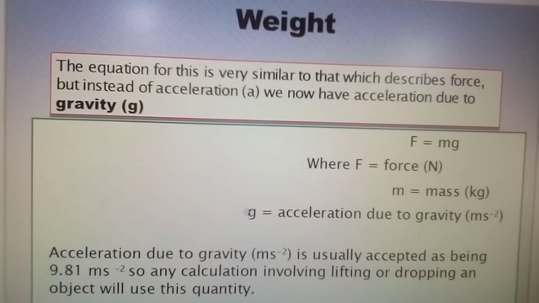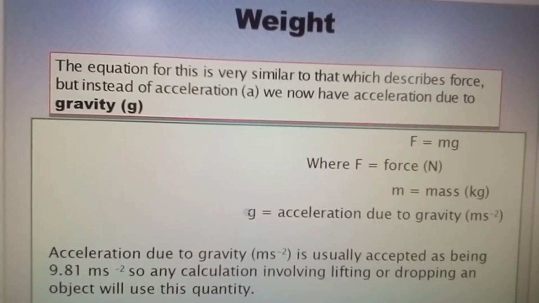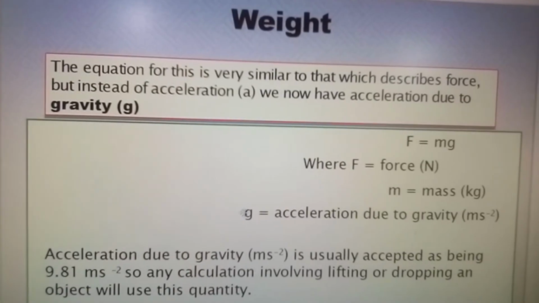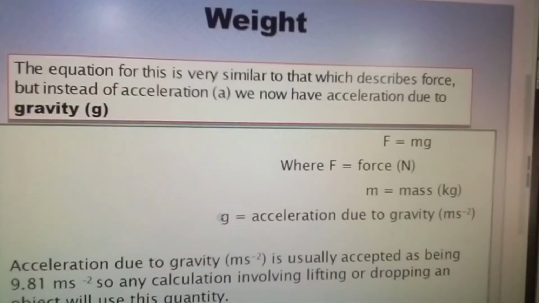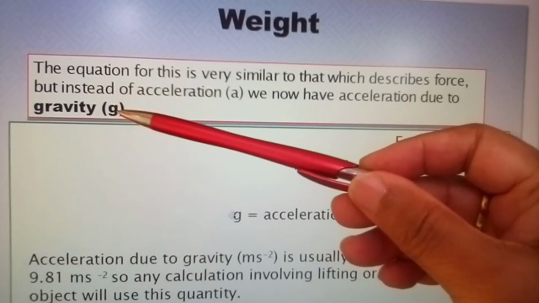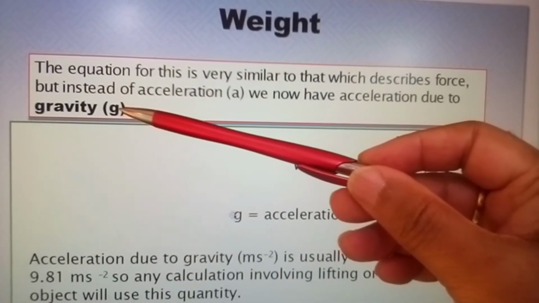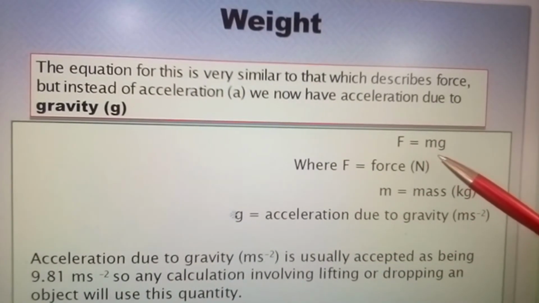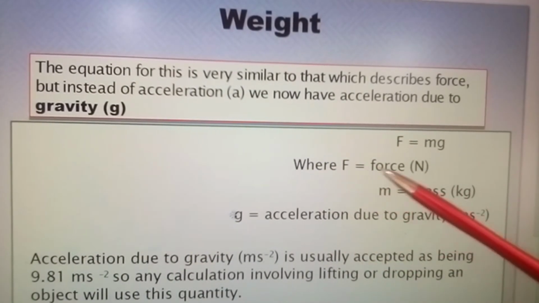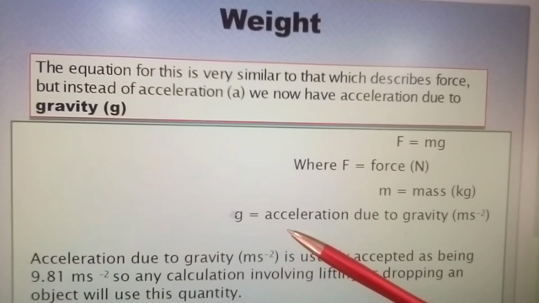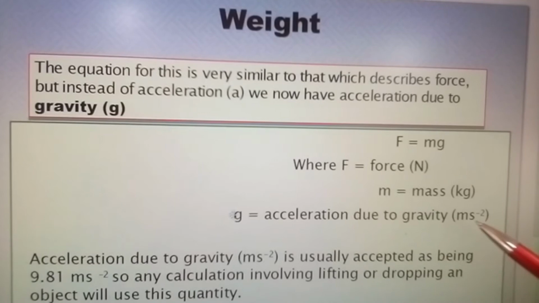The equation for this is very similar to that which describes force, but instead of acceleration a, we now have acceleration due to gravity. So your symbol here now is going to change from a to g. Instead of acceleration, we now have a gravitational force, and that is represented by g. F equals m times g. So with F equals force in newtons, m equals mass in kilograms, g equals the acceleration due to gravity.